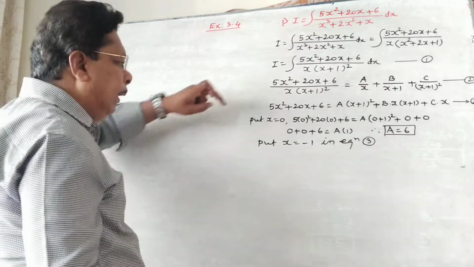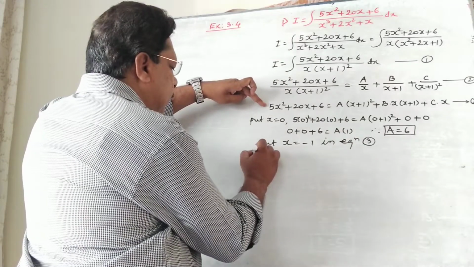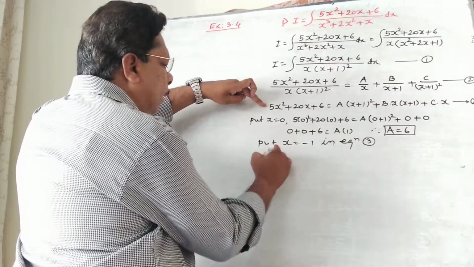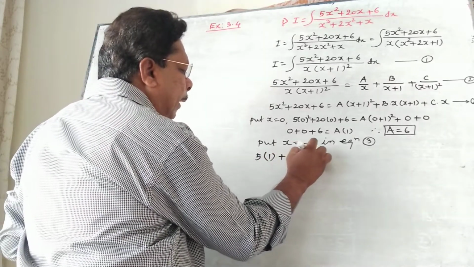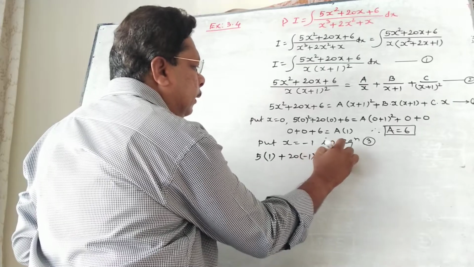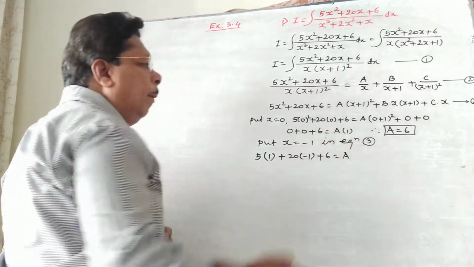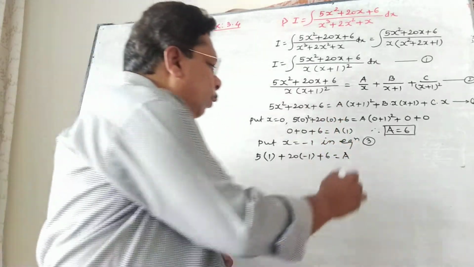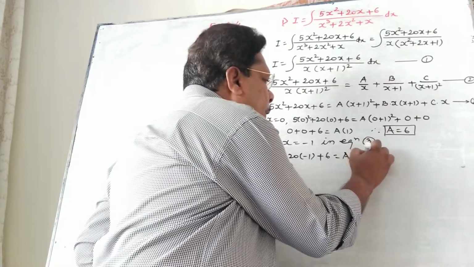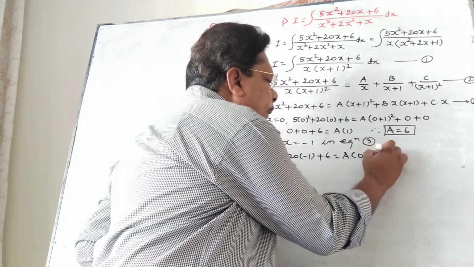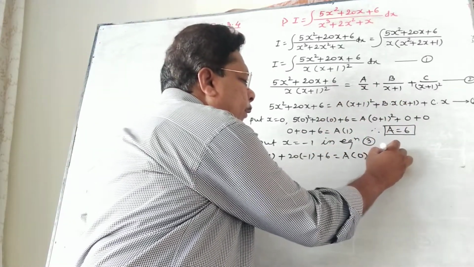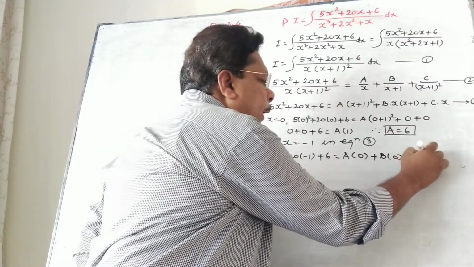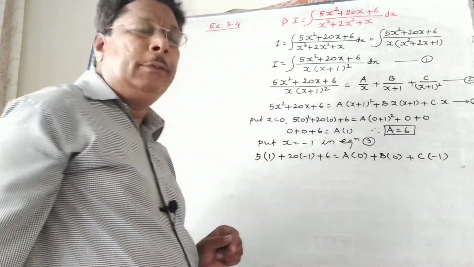Equation 3 becomes 5 into minus 1 square is 5, plus 20 into minus 1, plus 6, equals A into minus 1 plus 1, which is 0, so the first term is 0, plus B into minus 1 plus 1, which is 0, so B into 0, plus C into x, which is minus 1.